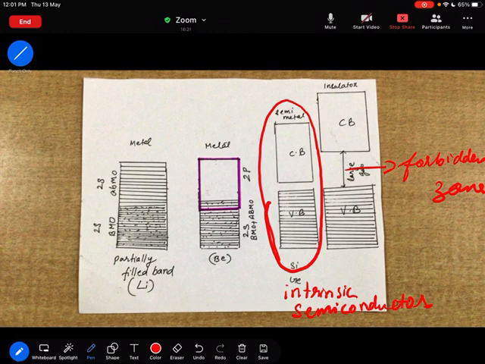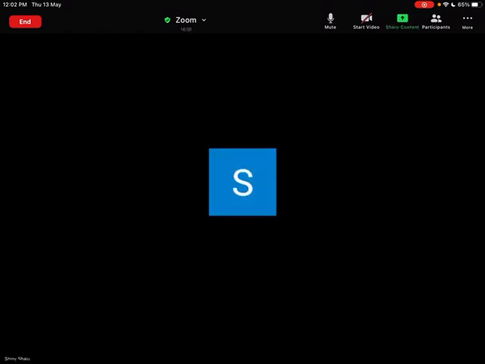Silicon is 14th group, germanium 14th group, so the valence shell contains 4 electrons. Silicon can be doped with 15th group, and it can be doped with 13th group also. Now I am going to add electron rich impurities.